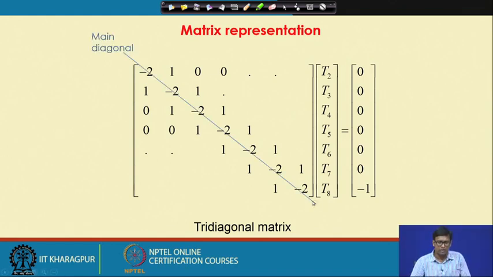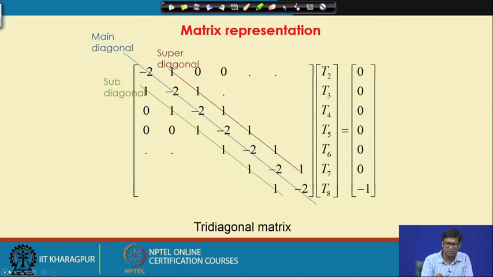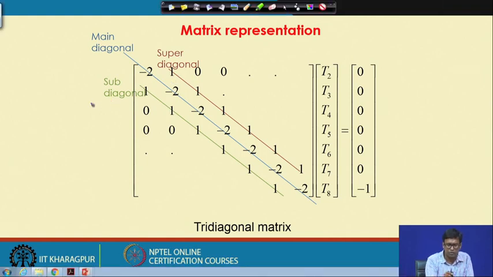There is a main diagonal term, one super diagonal term which is the coefficient for the next points in the mesh, and a subdiagonal term which contains the coefficient from the previous points in the mesh. The general form of the tridiagonal matrix is this particular form. It was a symmetric matrix with minus 2, 1, 1, minus 2, 1, and because we considered a uniform mesh, the coefficients were repeating in each row.